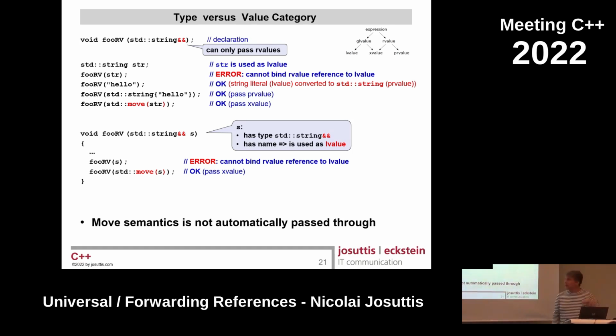And here we say, I no longer need this value here. And for those who are asking, why the hell did you do that? If we would say move semantics is passed through, then we couldn't use s twice, because with the first time, the value would be moved away. Or we would need something like unmove or so.